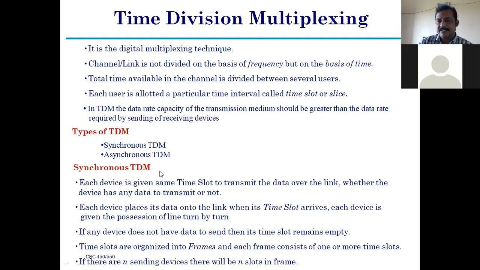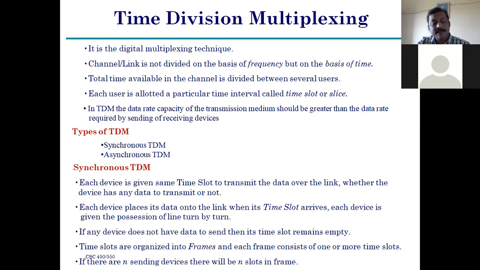Coming to synchronous TDM. Synchronous TDM means STDM. In STDM, each device is given the same time slots to transmit the data over the link. There are more channels or time slots, right? All time slots use only a single link.